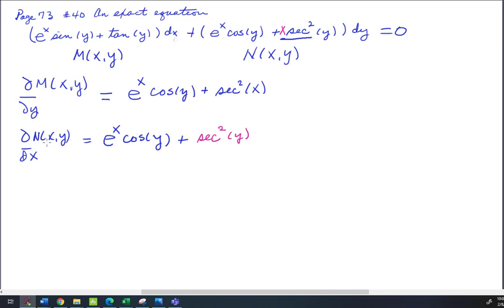But when I get down to the derivative of N with respect to x, we'll just talk through that again. It's going to be cosine y as a coefficient, and then the derivative of e to the x with respect to x is e to the x. And the second term here would be secant squared y. That's just like a coefficient because I'm taking the derivative with respect to x, and the derivative of the x term would be 1. So this would be a secant squared y.